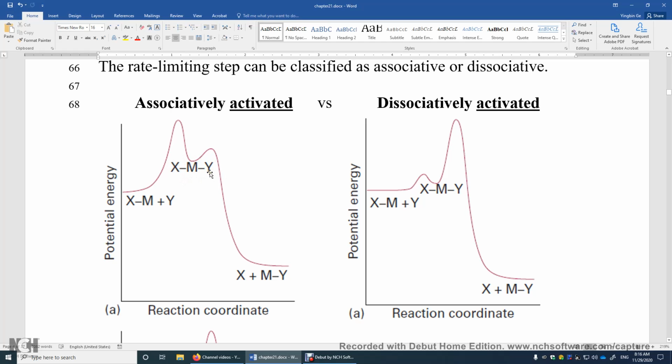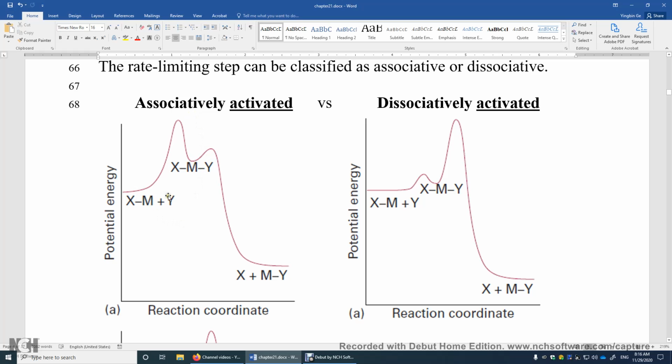Now let's look at the rate limiting step. Basically, we just look at the energy difference between the transition state and the reactant. So over here you have activation energy, from here to here, that's the activation energy of the first step. We also have the activation energy of the second step from here to here.